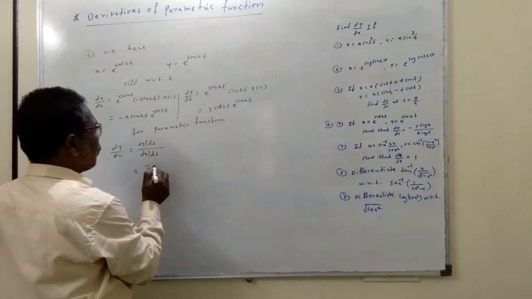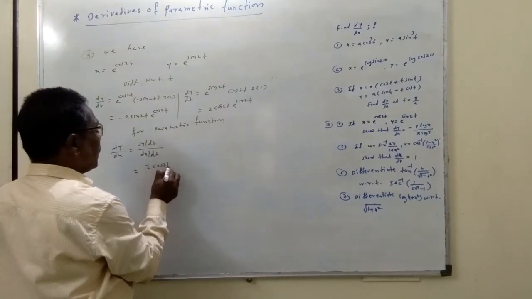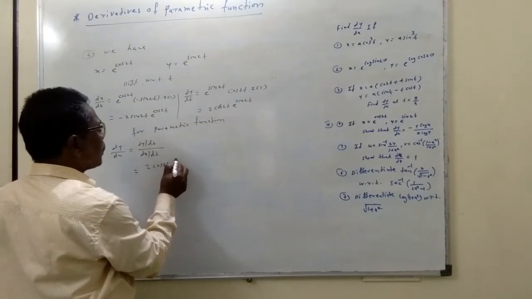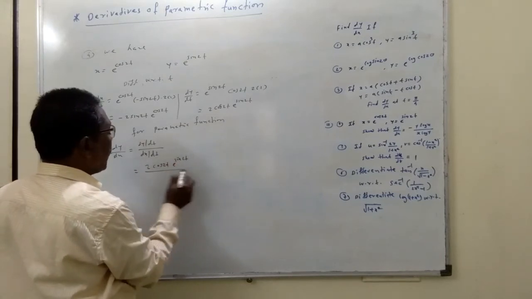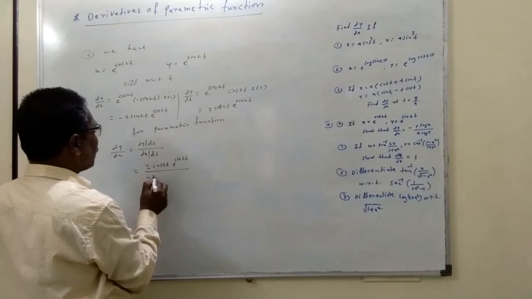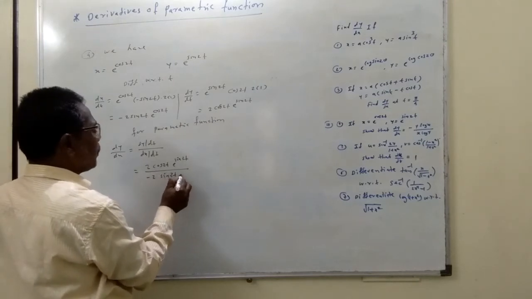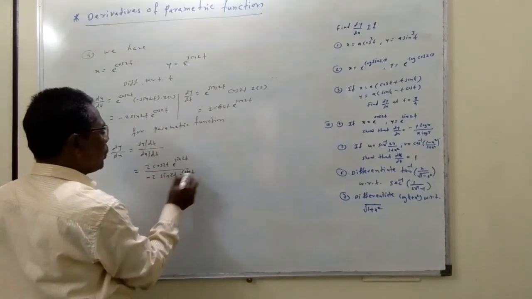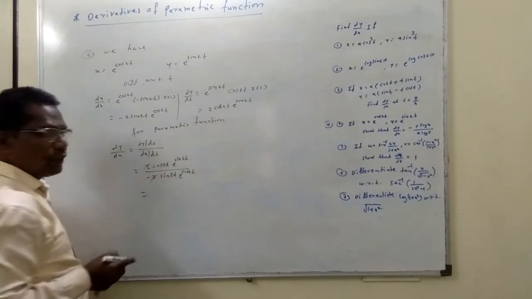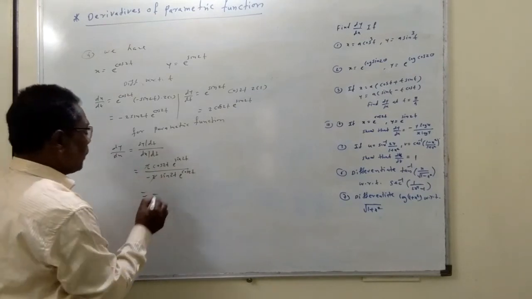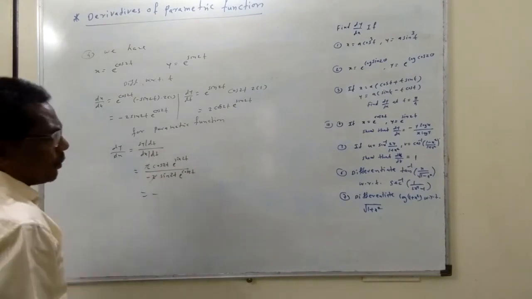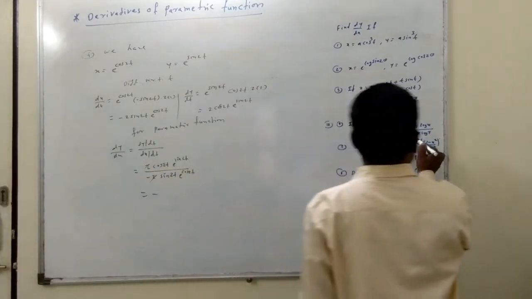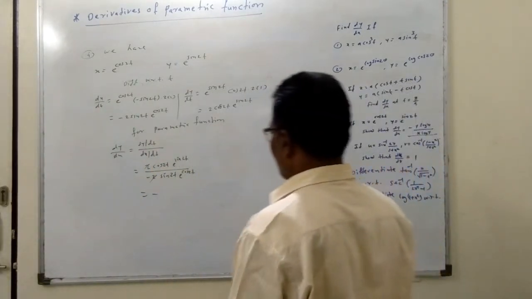So 2 cos 2t e raised to sin 2t divided by minus 2 sin 2t e raised to cos 2t. So that is equal to, 2 gets cancelled, minus. Now our required result is in this form, in terms of x and y.